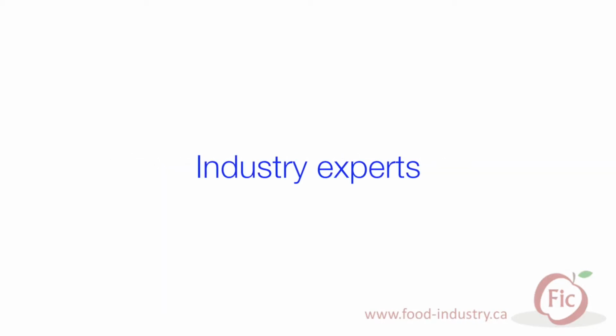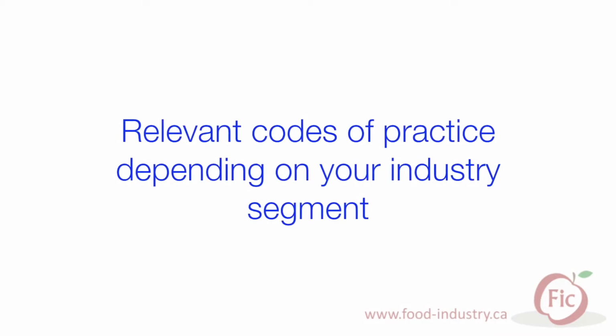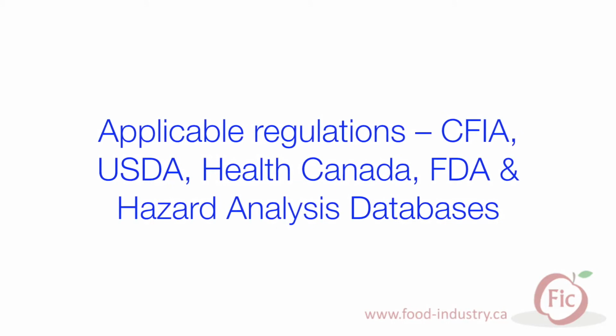A few good references for HACCP include the latest scientific literature, industry experts, food processor organizations, relevant codes of practice depending on your industry segment, generic models that have been developed for each industry sector, applicable regulations for each product category such as the CFIA, the USDA, Health Canada, the FDA, and their hazard analysis databases.